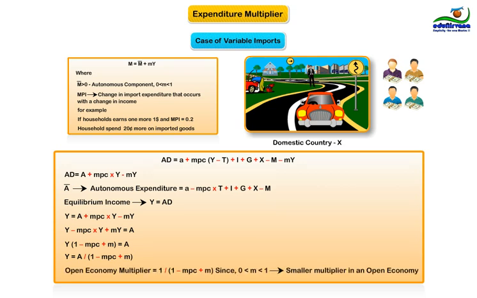The open economy multiplier is 1 divided by 1 minus MPC plus m. Since m, our marginal propensity to import, is greater than 0, we get a smaller multiplier in an open economy.